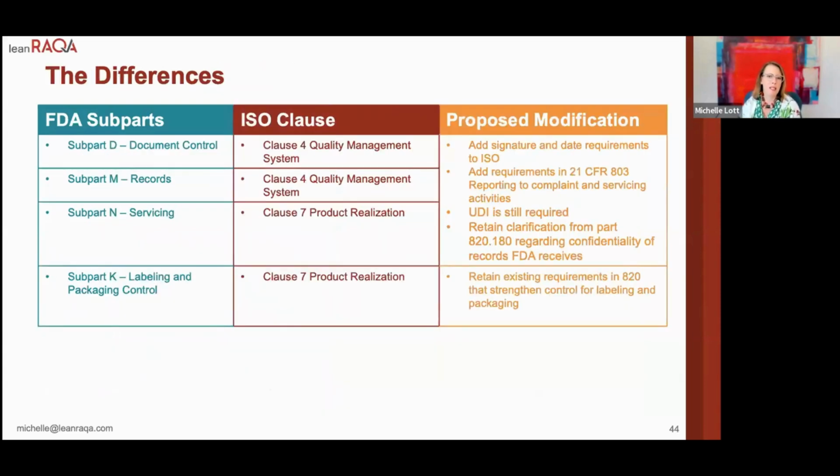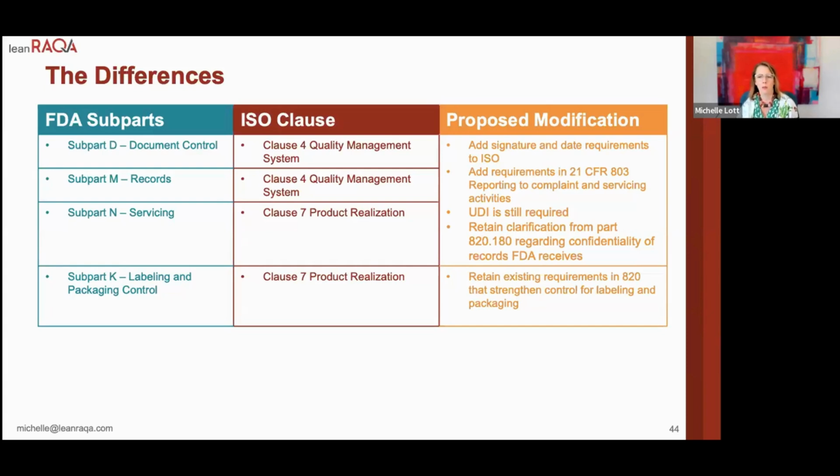So there are some key differences. Those are mainly in the area of document control, because the FDA expects that there is a signature and date that is compliant to 21 CFR Part 11. They say, obviously, our reporting procedures and complaint and servicing activities still need to be compliant with the actual CFRs under which those were issued for reporting purposes.